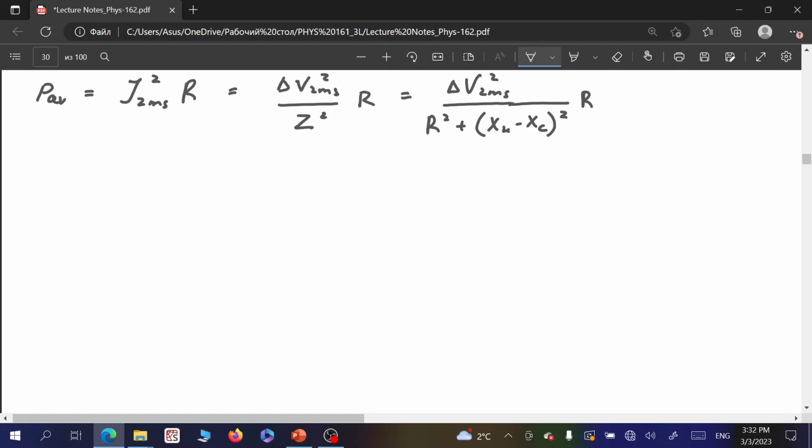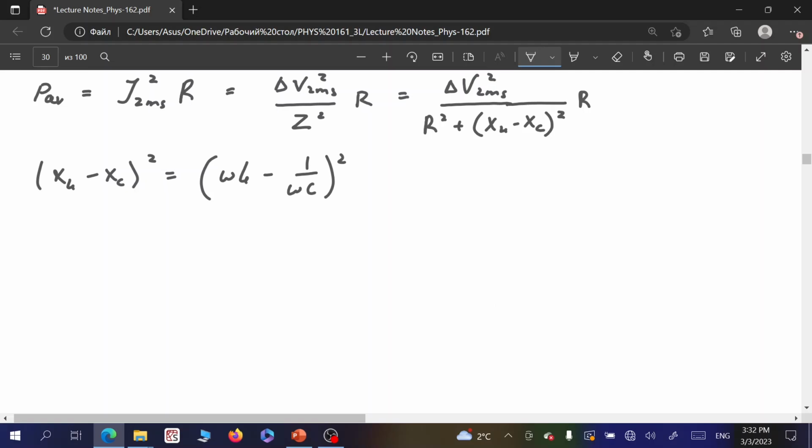So now we know that (XL minus XC) squared, that is (omega L minus 1 over omega C) squared, we can represent in the following form: L squared over omega squared times (omega squared minus omega naught squared) squared.